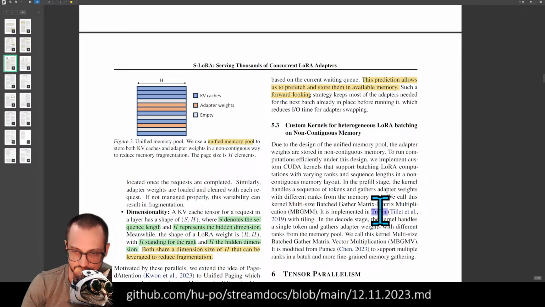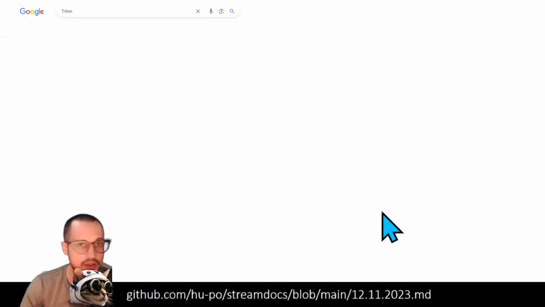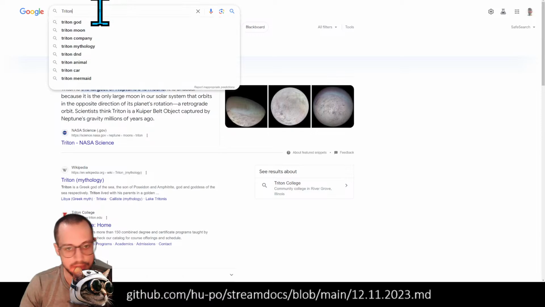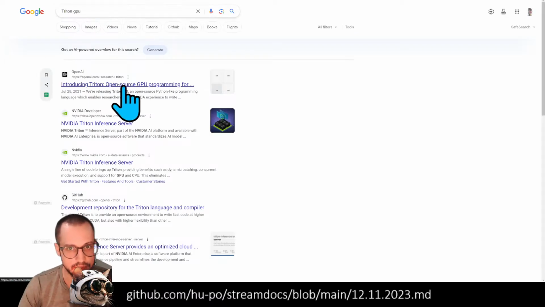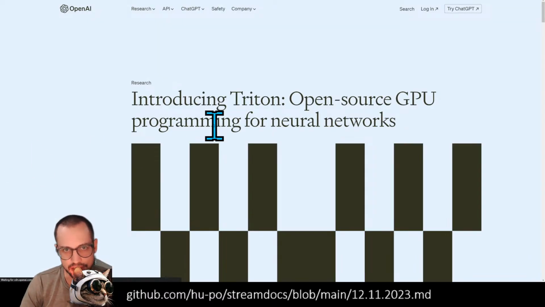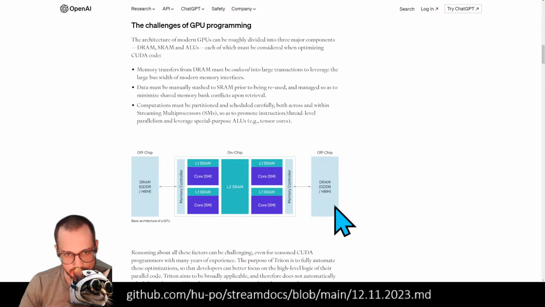It is implemented in Triton, which I think I actually did mention in a previous stream, but it's a more open source effort, if I want to say. I remember when this came out, Triton GPUs, not the moon. Open source GPU programming. So kind of interesting because it basically means that you have off chip the DRAM. DRAM is the system memory, right?